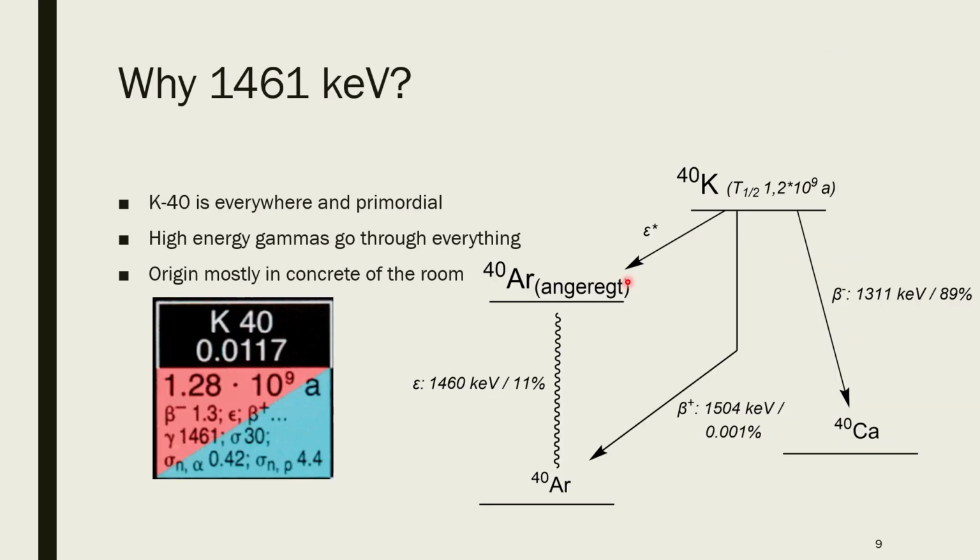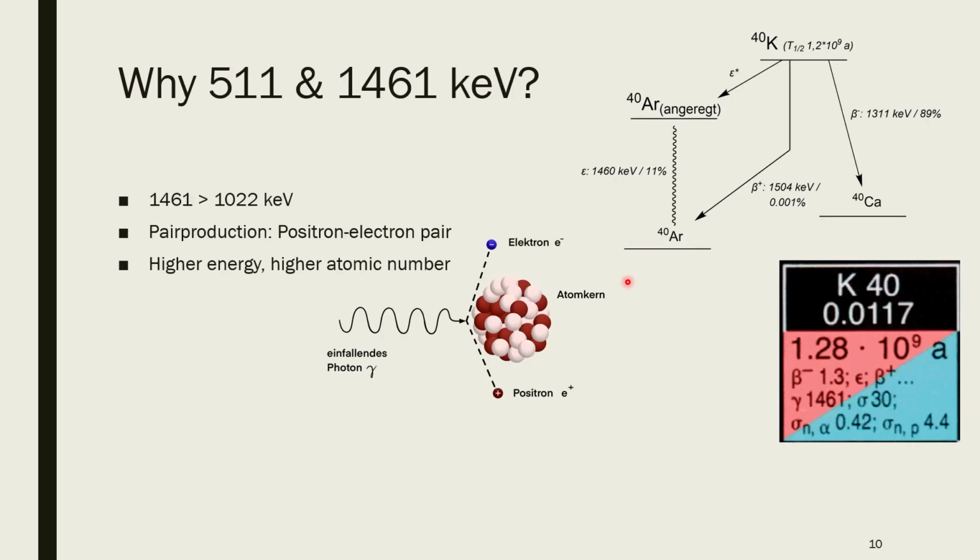We also have seen the 511 kiloelectron volt peak, and there are two factors attributed to this. One factor is pair production. 1461 is higher than 1022 kiloelectron volts, and this can lead to pair production, so the production of a positron-electron pair, which occurs in an atomic nuclide field.